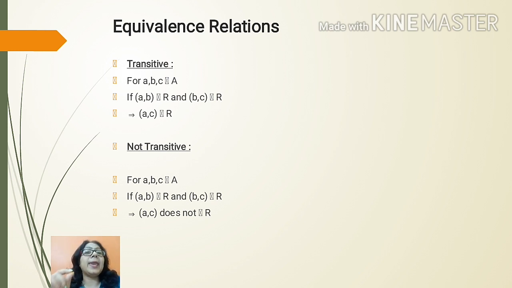In case of A equal to {1, 2, 3}, if (1,2) is there, then (2,1) is there in the relation. So obviously (1,1) is also there. Since (1,1) is also there, the relation is transitive.